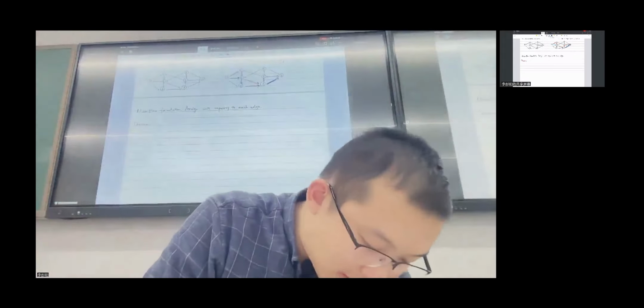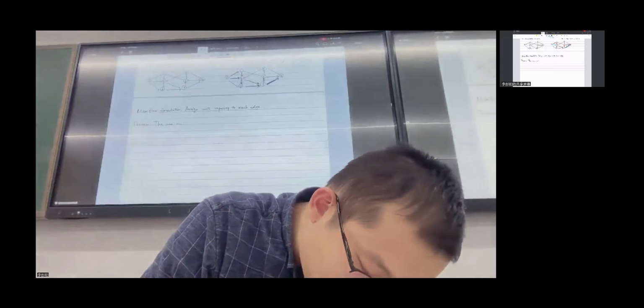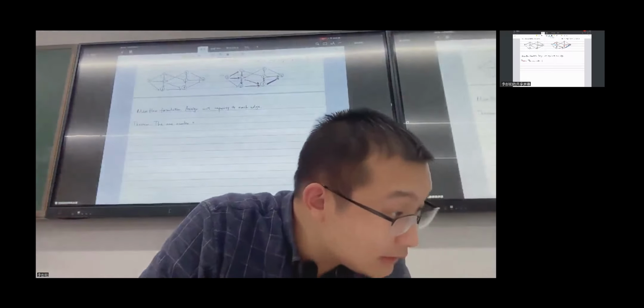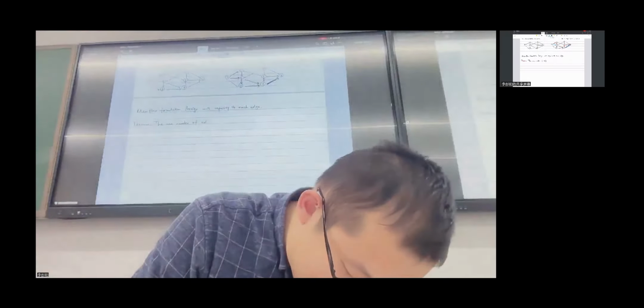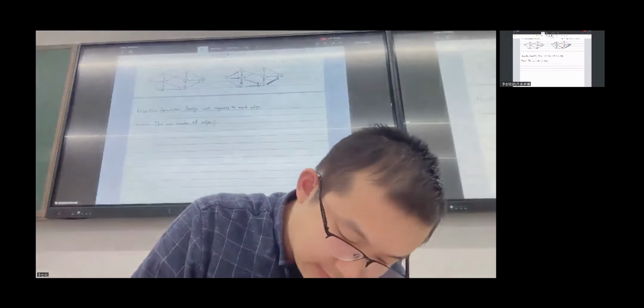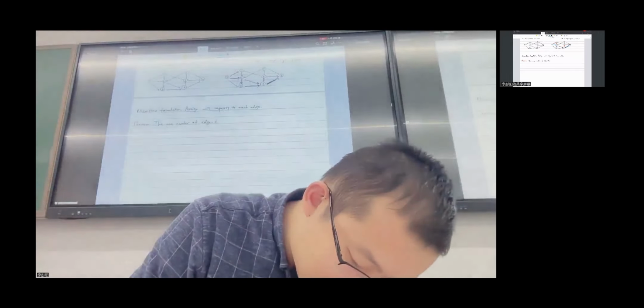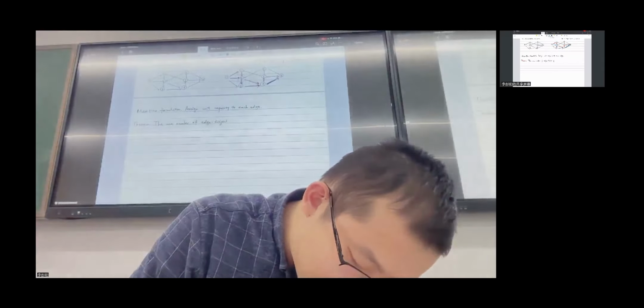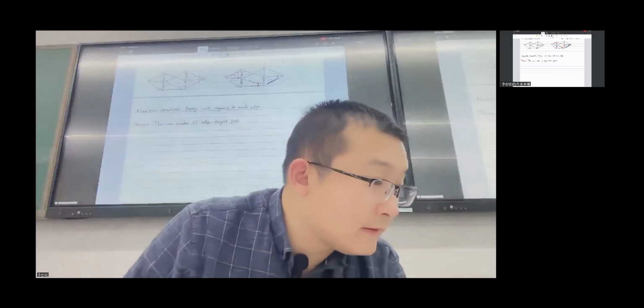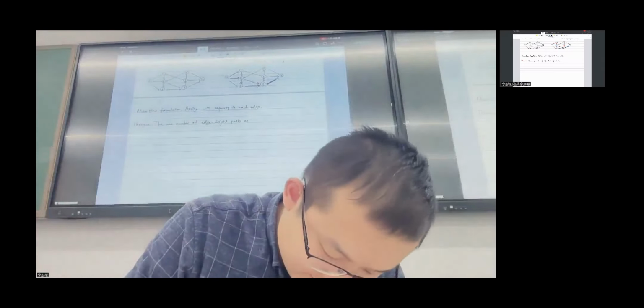So the max number of edge disjoint paths equals the max flow value.